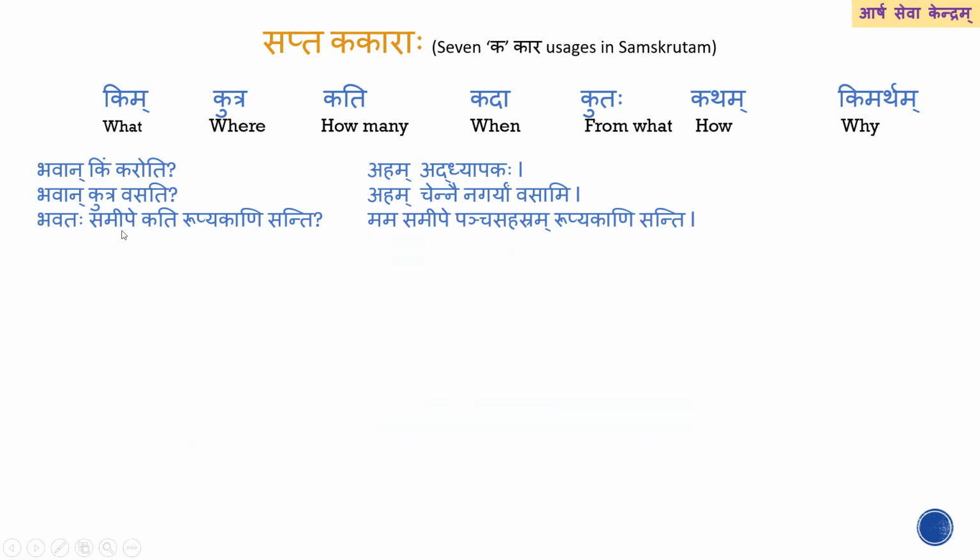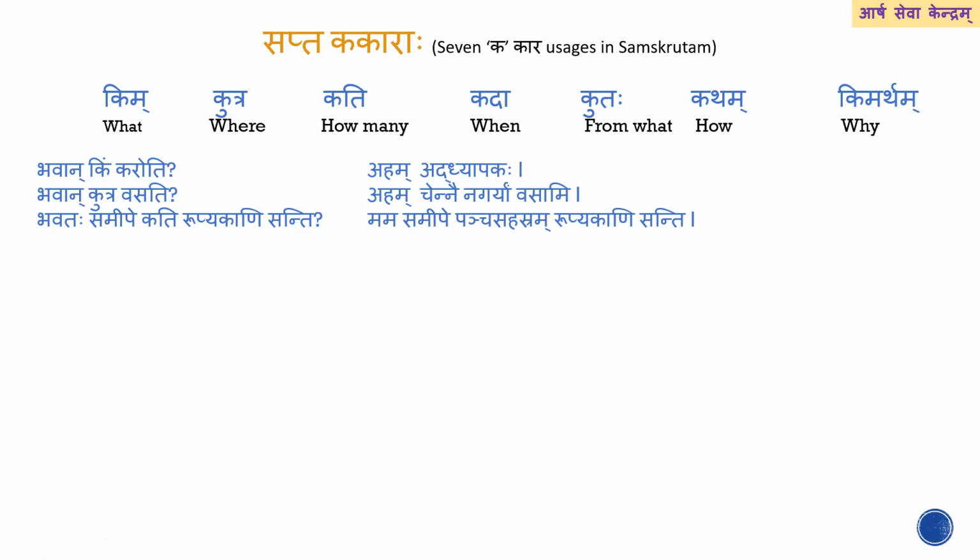So, bhavataha samipe kati rupyakani santi. So this is the only thing I think you have to remember about this. When you use kati, you must use bahuvachanam. Kati followed by something. If you are asked how many so and so, then that so and so must be in bahuvachanam. That's the only important thing.